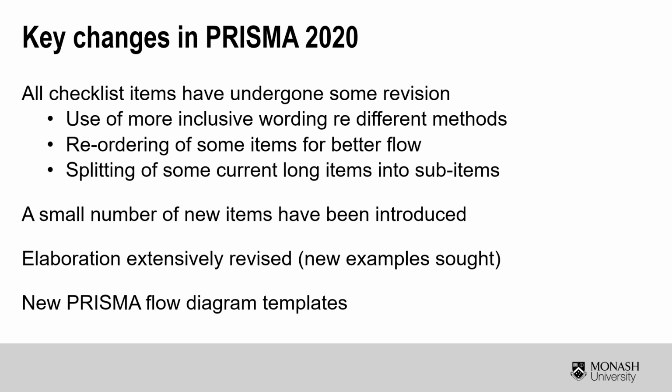We also reordered the items for better flow and split some of the items that were quite long into sub-items. We did introduce a small number of new items, substantially revised the explanation and elaboration document and sought some new examples to illustrate them, and then made some changes to the flow diagram templates.